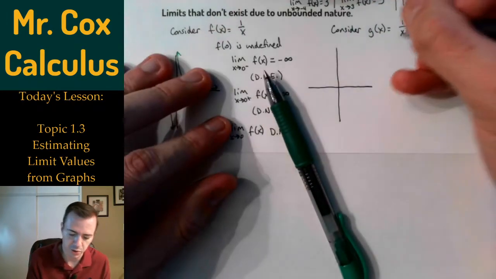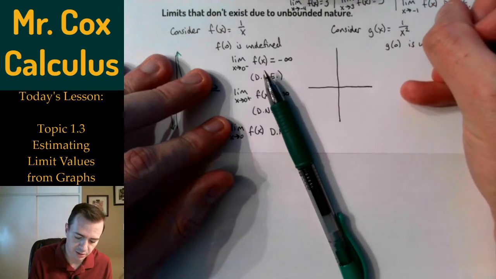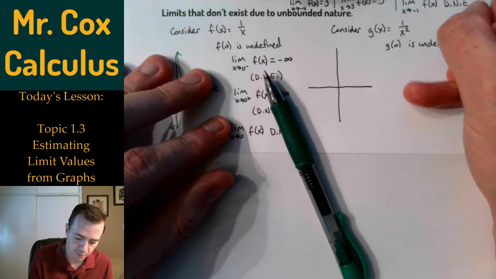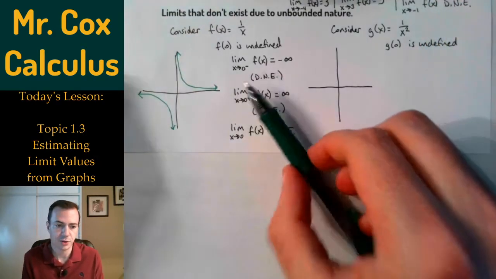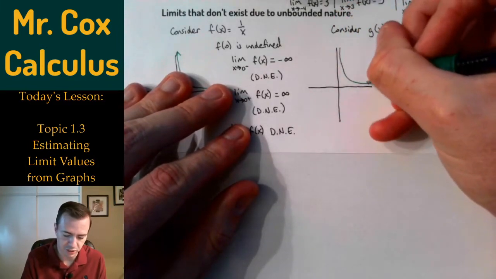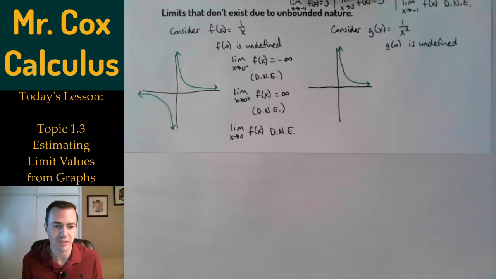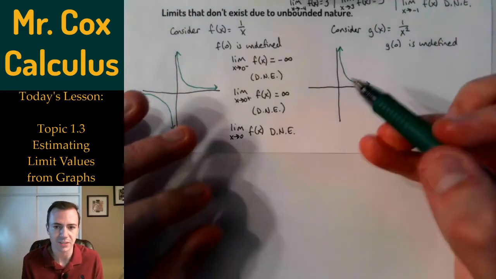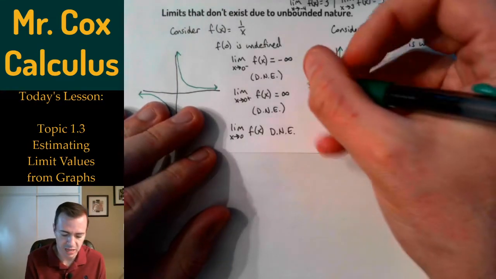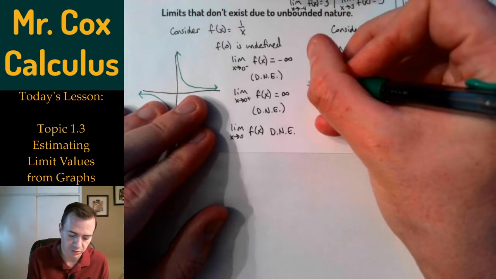In fact, we should go ahead and state that g of 0 is undefined. The graph does have a little bit steeper shape than the function to the left here, f of x. The other key difference here is that if x is now negative, the square will actually force it positive. And so this simply reflects across the y-axis, and we get something that looks like that.